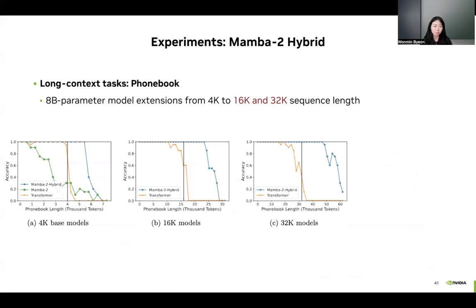But what we can tell is that Mamba and the hybrid models require way less parallelization than transformers, which means fewer GPUs and less time.